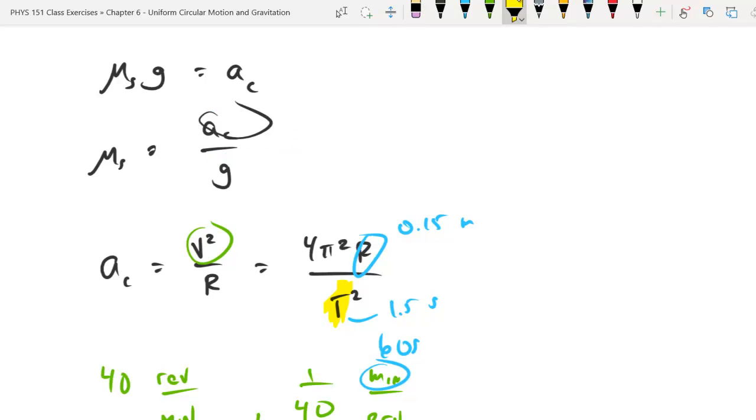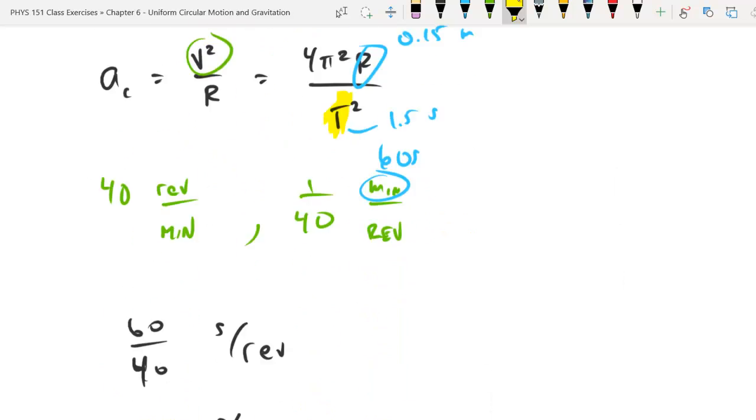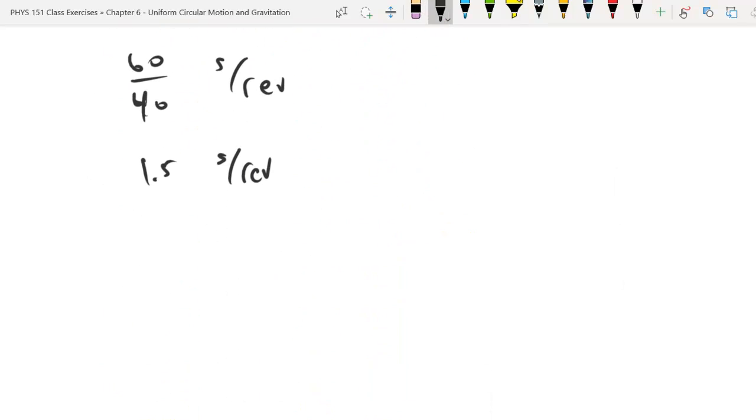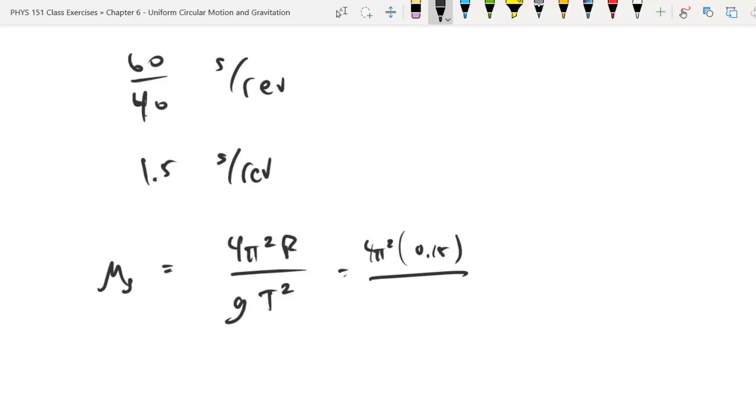And so we have the coefficient of static friction is 4 pi squared r over g t squared, which is 4 pi squared times 0.15 divided by 9.8 times 1.5, our period, squared.